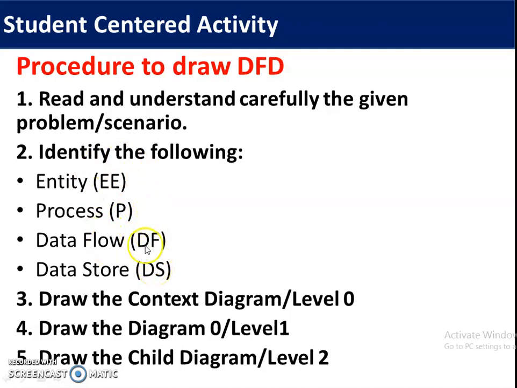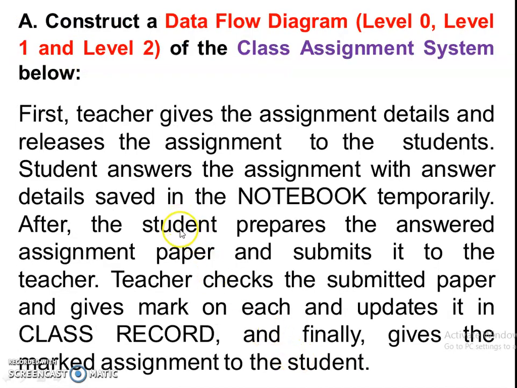If you are not able to identify these elements properly, then expect that something wrong will be found in your level 0. After drawing level 0, you will draw level 1, and then level 2 if there is a need. But in this scenario, we will make level 2 so that you will see how it is done. So let me begin.